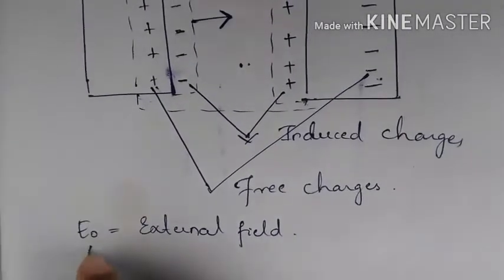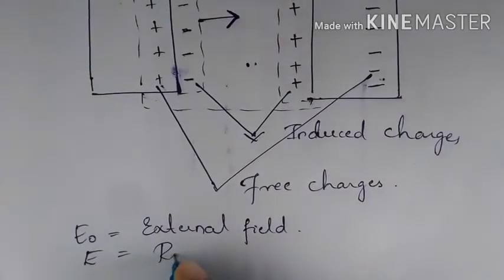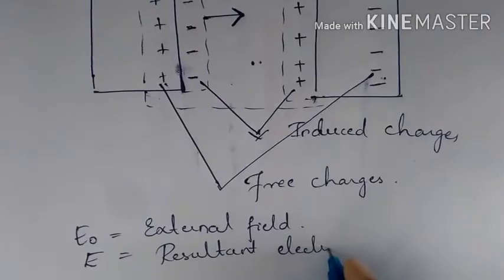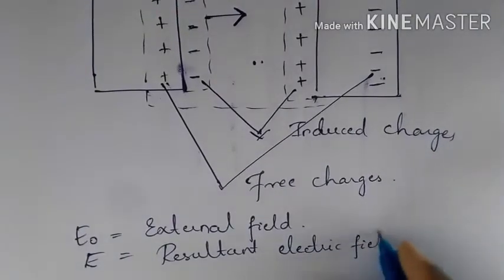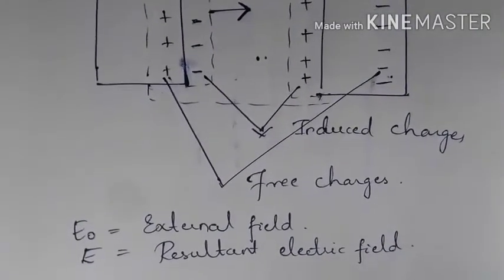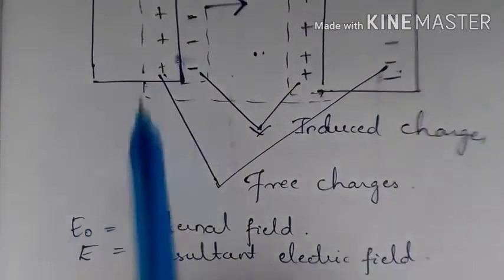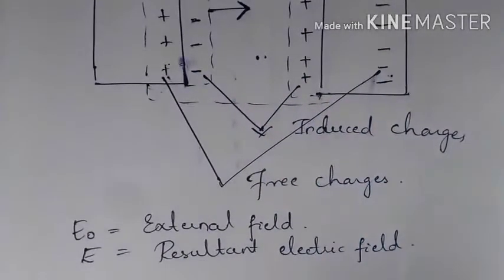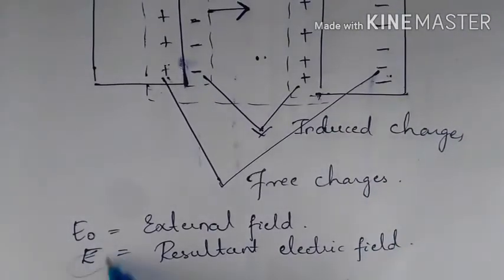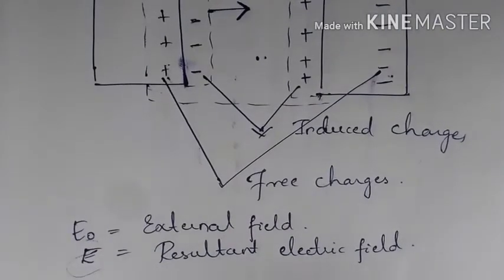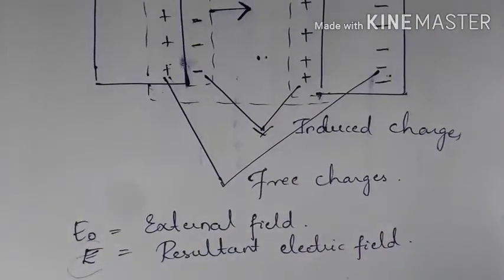So let E be the resultant electric field. Since you have two electric fields, one because of the plates and one because of the dielectric, let us consider E as the resultant electric field within the dielectric.